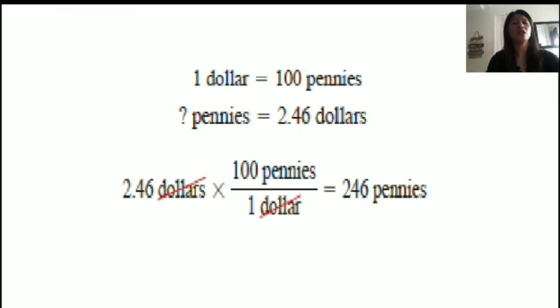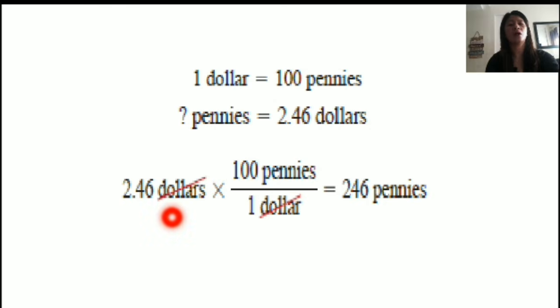So in doing the calculation, we start with the given. As we have seen in the previous slide, we start with the given. The given is $2.46. You multiply that by the conversion factor taken from the given equivalent relationship. You use the ratio 100 over 1 in order for you to cancel dollars, numerator divided by denominator.